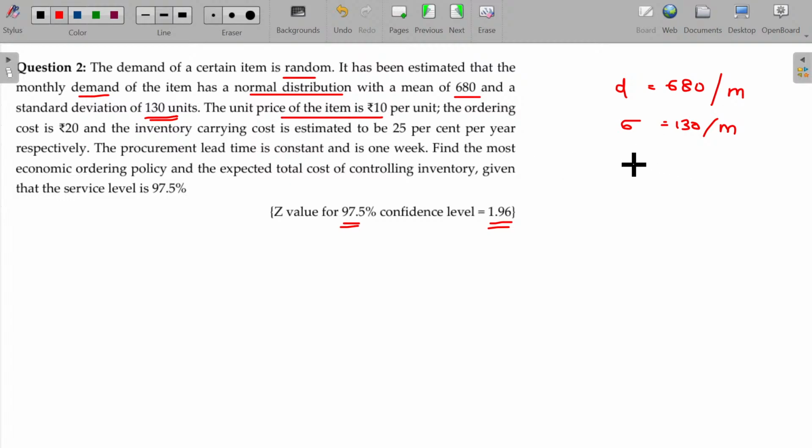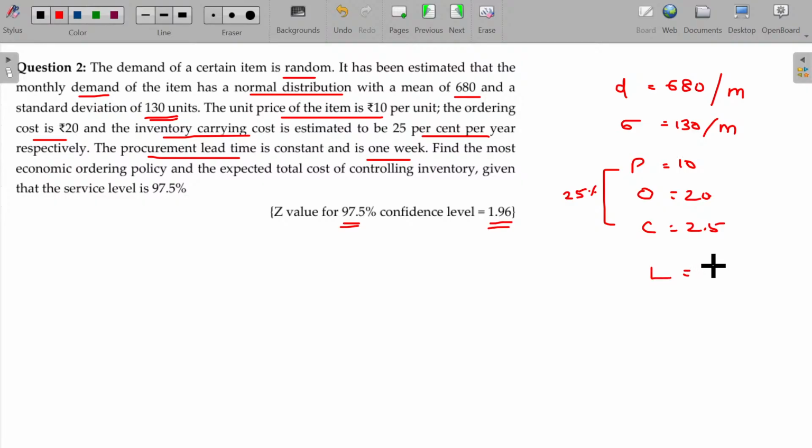The unit price per unit being 10 rupees, ordering cost being 20, and inventory carrying cost being 25 percentage. 25 percentage means you have to multiply 25 percentage on the price. So 2 rupees 50 paise is the carrying cost. The procurement lead time is constant and is 1 week. So lead time in this case is equal to 1 week.